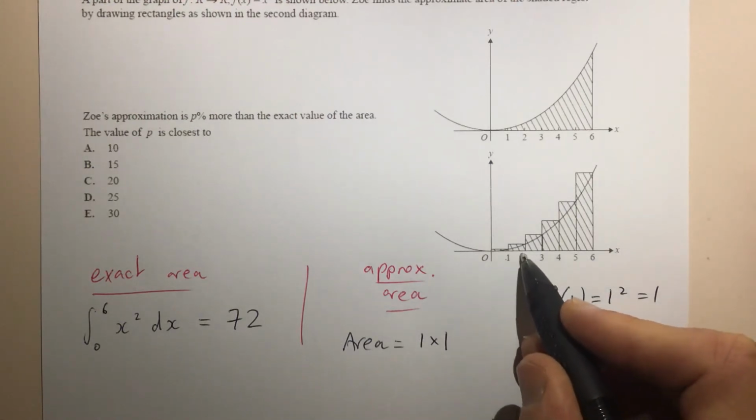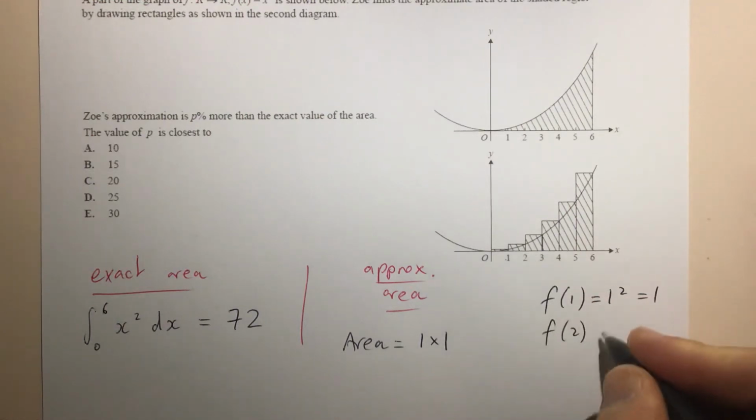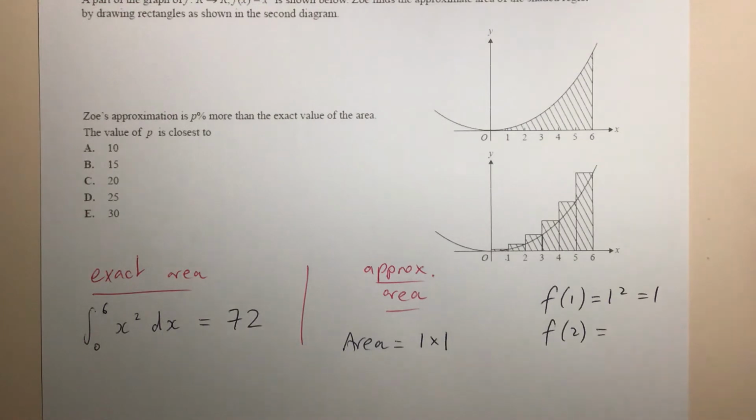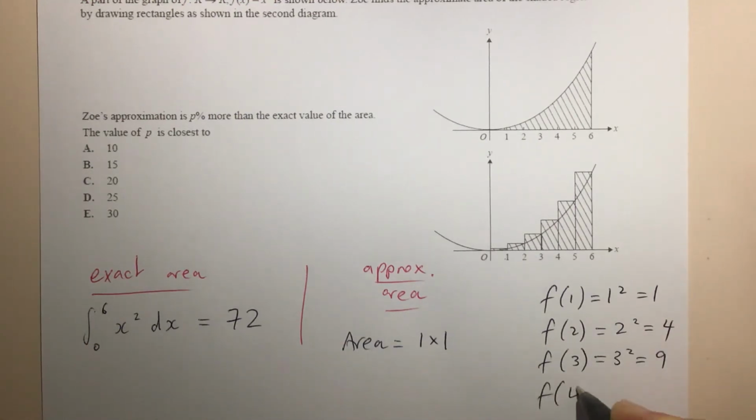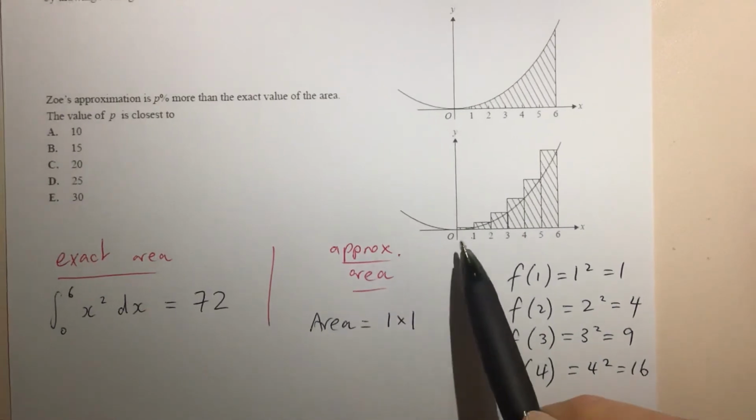The second rectangle, well, that height comes from subbing in x equals 2. And for this function, we sub in x equals 2, we get y equals 4. I won't write these all out, but of course, when we sub in x equals 3, we're going to get 9. X equals 4, we're going to get 16 and so on. So we're just going to get the square numbers as the heights of each rectangle.